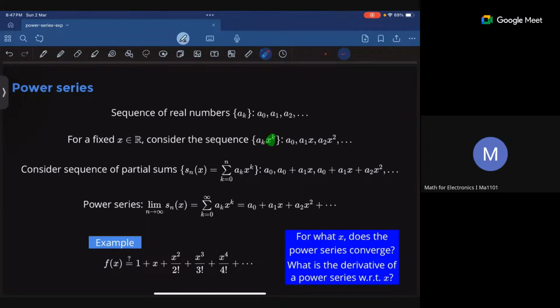Okay, so you generate another sequence from this sequence, where your first term of the new sequence is the same as the first term. Your second term will be the sum of the first two terms. Your third term will be the sum of the first three terms, like this. And this particular sequence has infinite terms. So you can get infinite number of terms in this new sequence also.